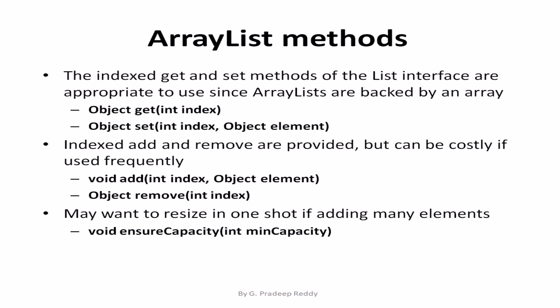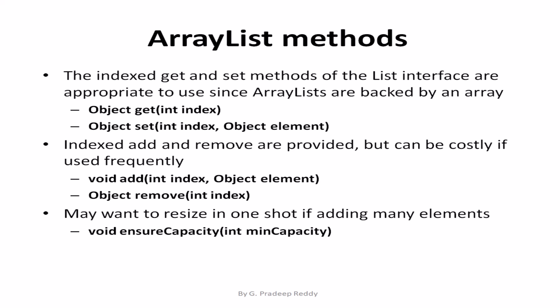Indexed add and remove are provided, but that can be costly if you are using them frequently. void add(int index, Object element): you can add instead of using the set method. Object remove(int index): it means you can delete the element in an ArrayList.